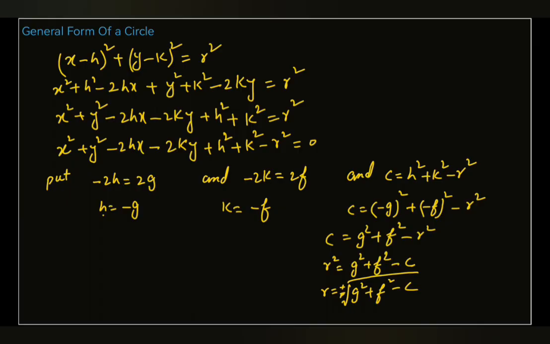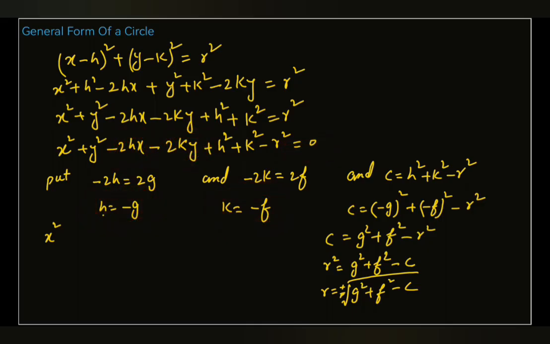If we put the values of h and k in the above equation, we get x square. We will put the values of h and k in this equation here.